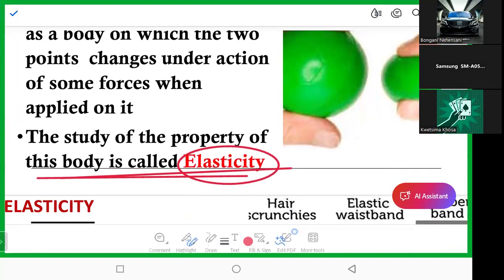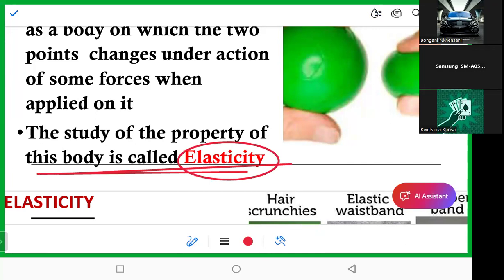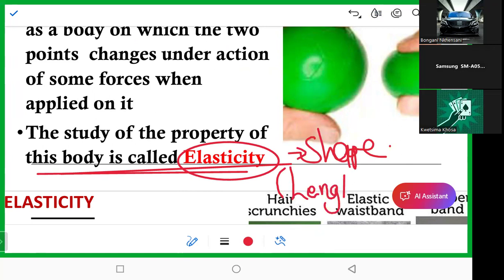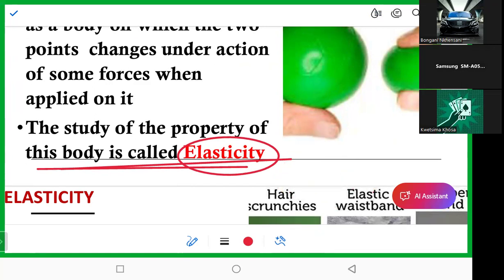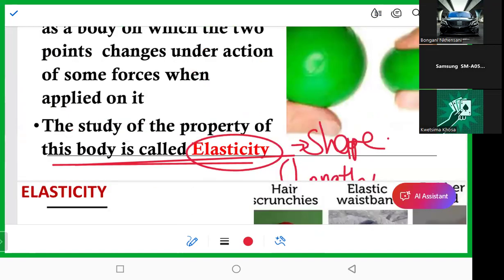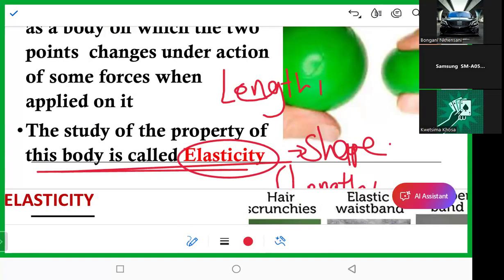So with elasticity, we're talking about an object which, if subjected to a particular force, is going to change. Either the shape changes, in terms of the length, or the volume, or, if the shape is changing, we can also say the area.